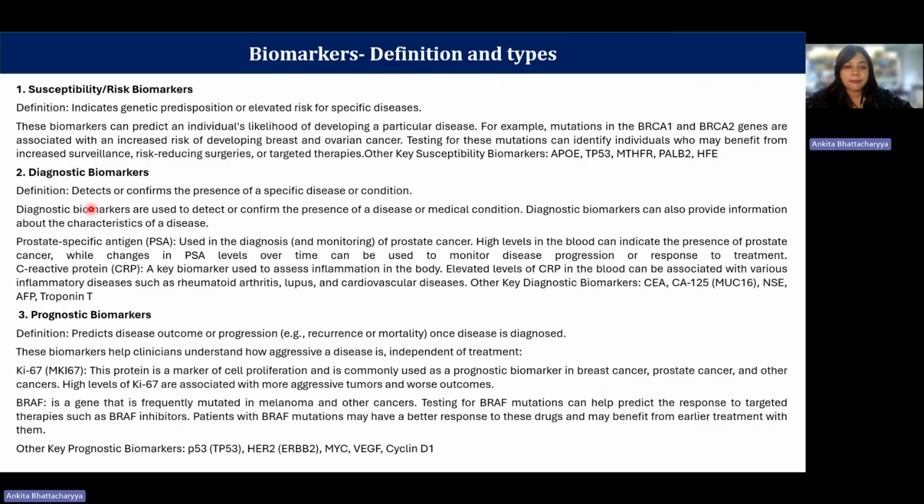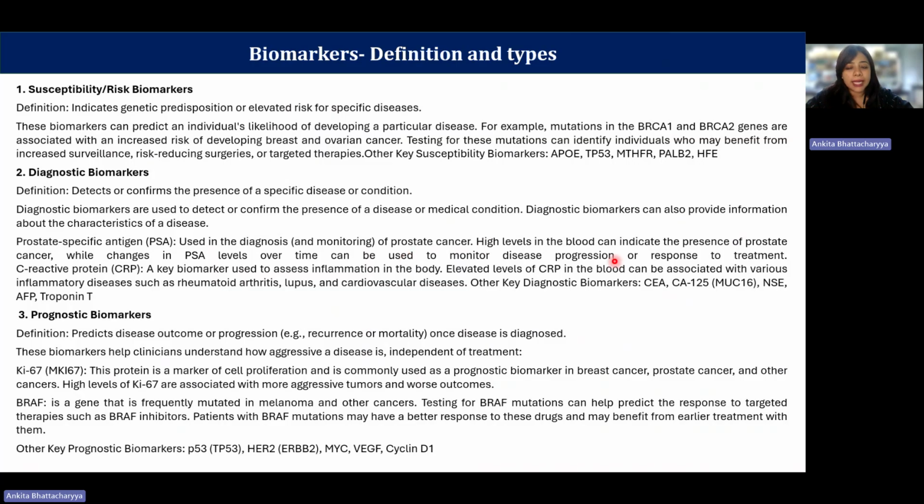So we'll look at some examples. First is PSA, which is associated with the disease that I personally work on, which is prostate cancer. So PSA, or prostate specific antigen, is used in the diagnosis and the monitoring of prostate cancer both.